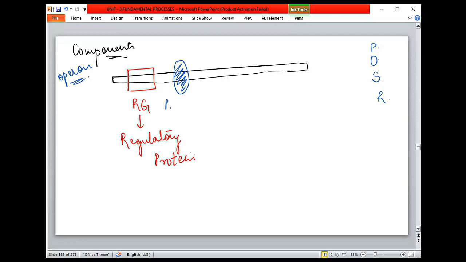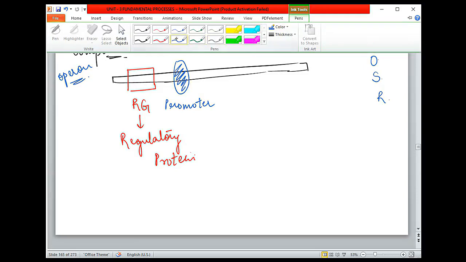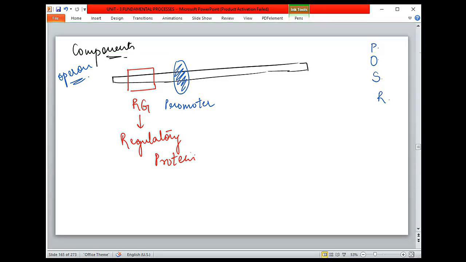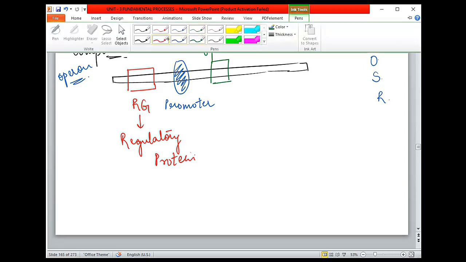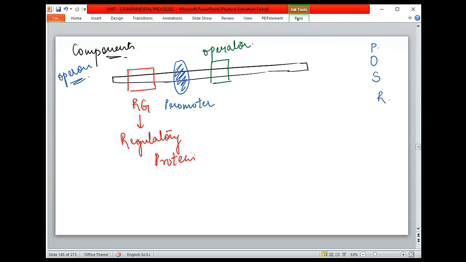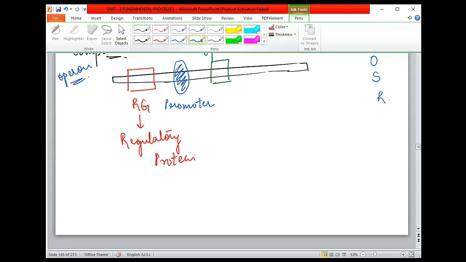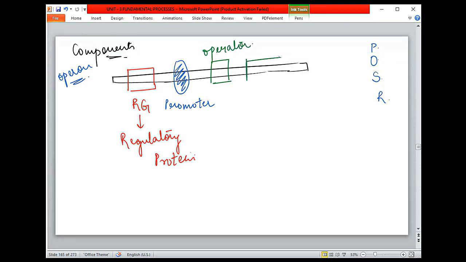So you'll have your promoter, where the RNA polymerase would be coming and binding. Then we have the operator, and last we have the genes.